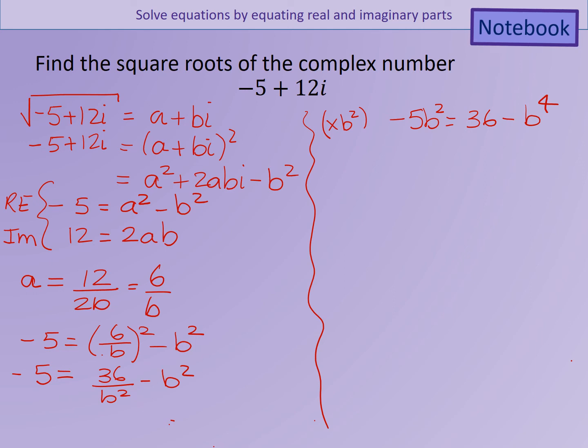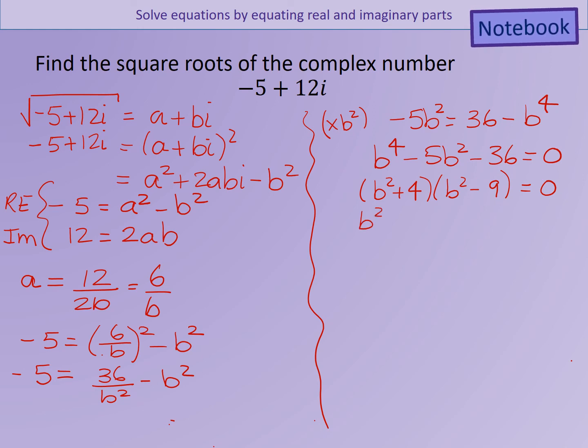Now I'm going to take the b to the power 4 to the left hand side and the 36 so that the b to the power 4 is positive. That gives us b to the power 4 minus 5b squared minus 36 equals 0. This can be factorised. So we have b squared plus 4 and b squared minus 9 is equal to 0.